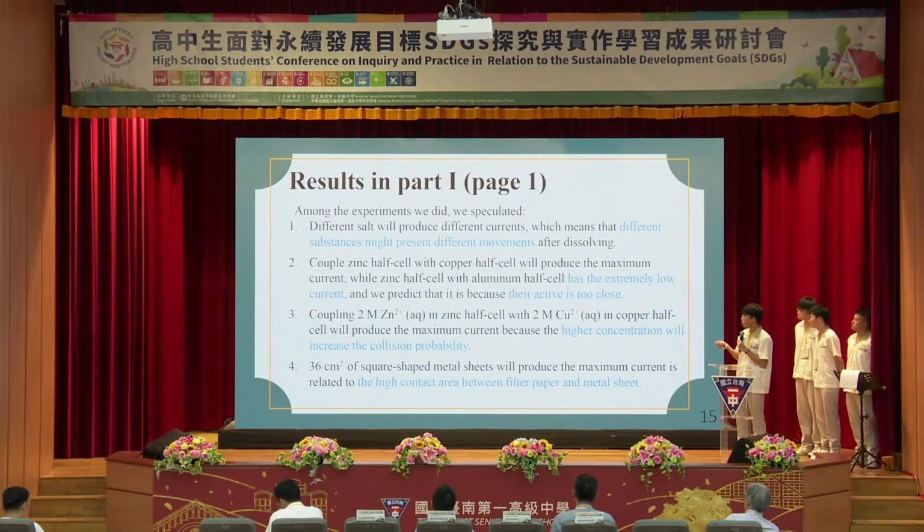Third, 2N solution will produce a maximum current because higher concentrations will increase the collision probability. And next, under our experiment design, the 13.6 square centimeter square-shaped metal sheet will produce the maximum current. It's related to the high contact area between the filter paper and metal sheet.